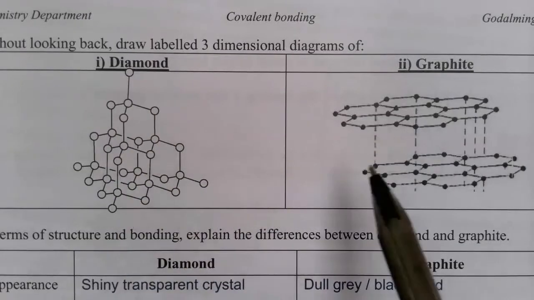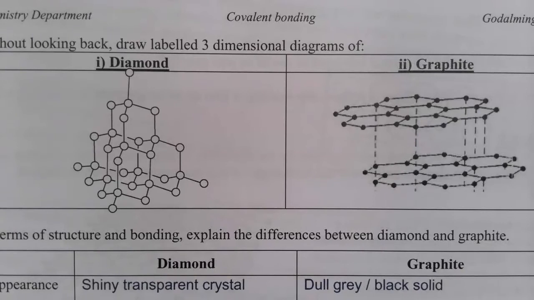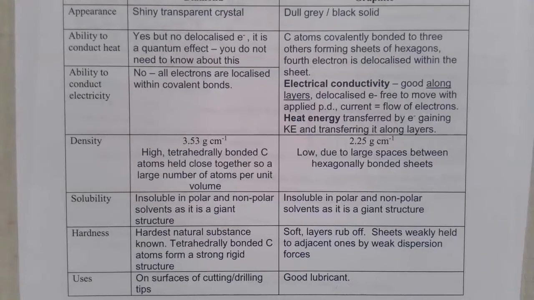There we've got diamond and graphite side by side. They both contain strong covalent bonds, but because of their structure, they have very different properties. Diamond is not able to conduct electricity because all the electrons are localized within those covalent bonds, whereas graphite is able to conduct electricity because it only uses 3 of its outer shell electrons, with the 4th being delocalized.